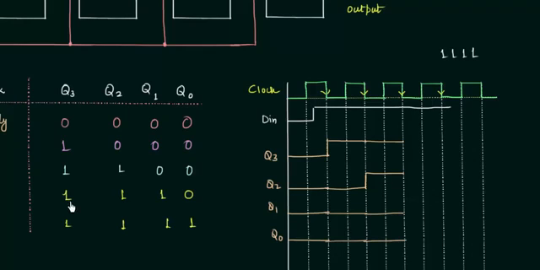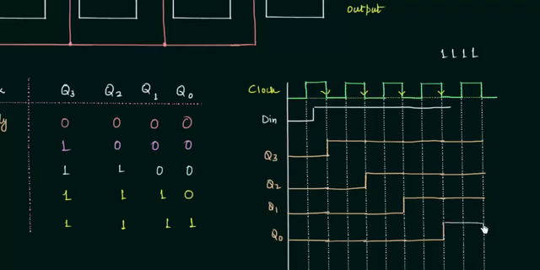For the third falling edge, Q3, Q2, and Q1 are high, and Q0 is low. Finally, for the fourth falling edge, all these outputs Q3, Q2, Q1, and Q0 are high.